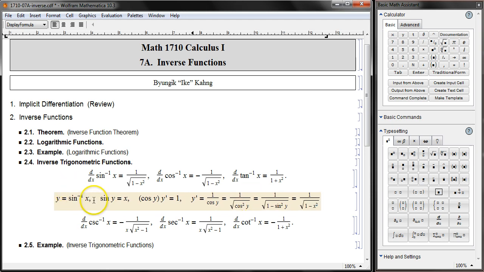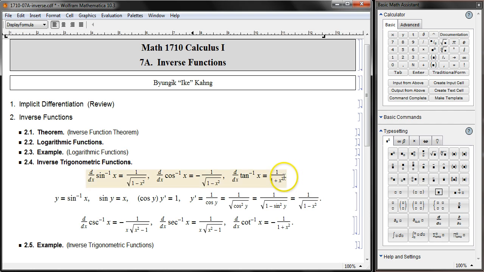This is a bit too long. No, this is okay. So this is a derivation. We just start, write it without the inverse, and then take the derivative implicitly.